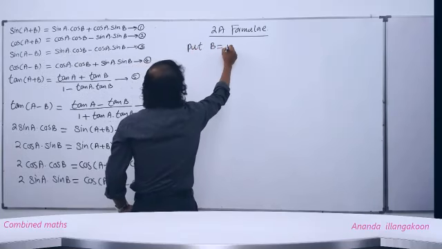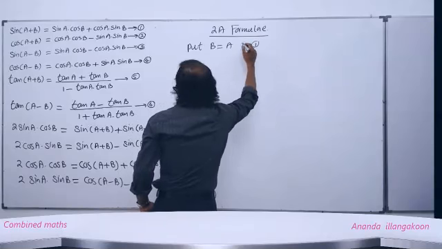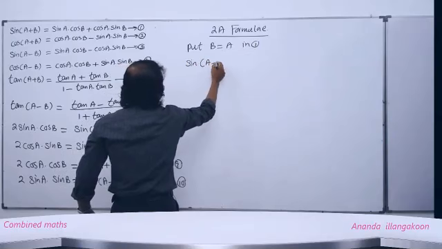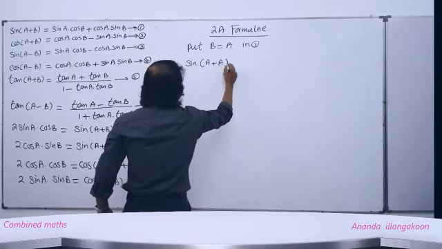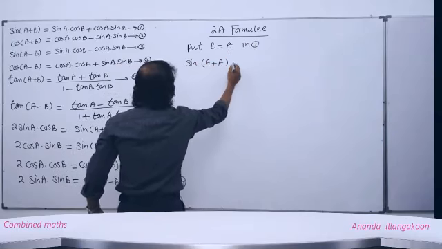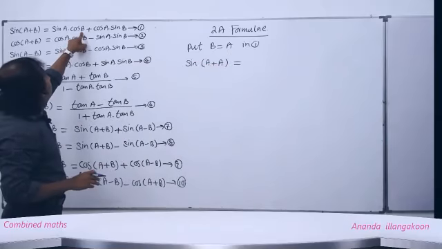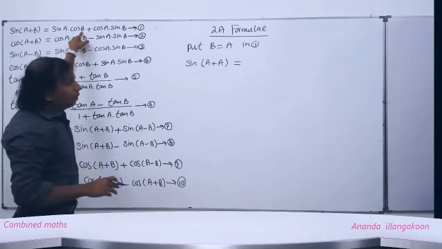Put B equals A in number 1. What do you get? Sin A plus A equals, here put for this B, capital A. Then what do you get?